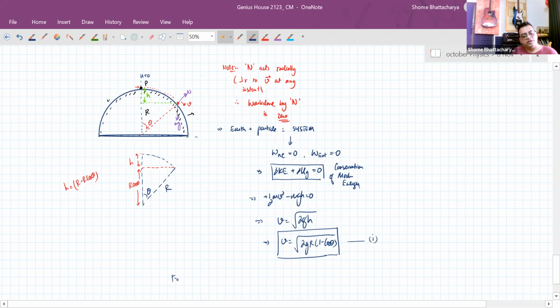Now from the free body diagram, see the value of n. You have mg cos theta minus n.